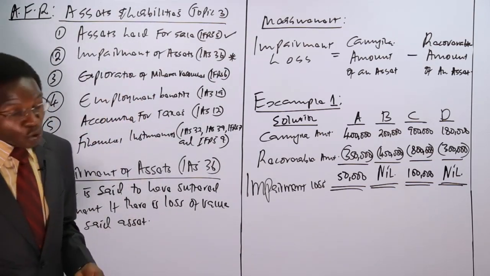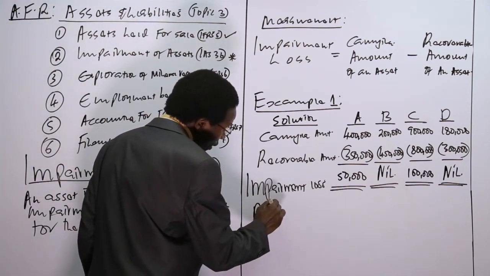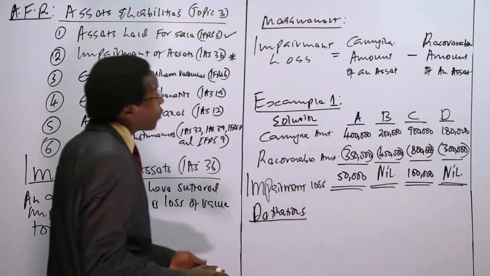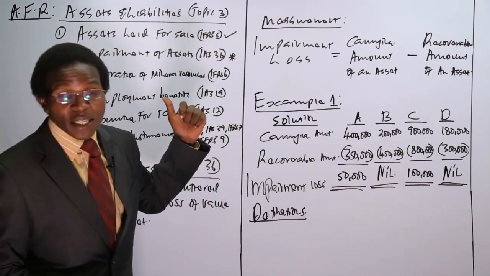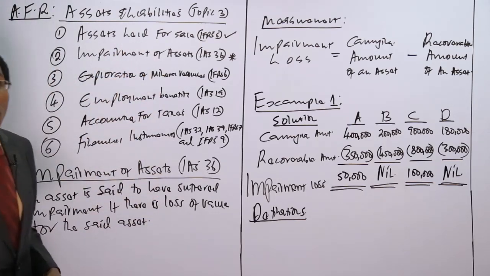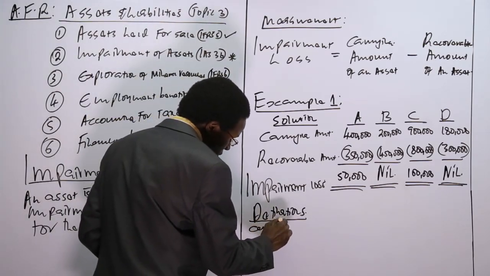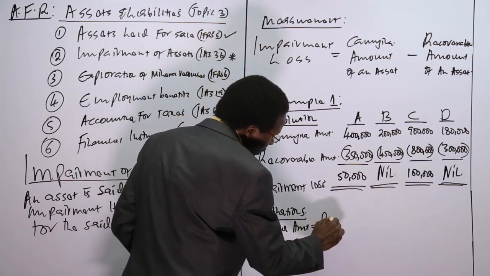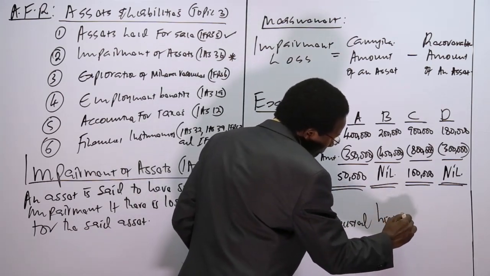Now, we also want to know some of the definitions which we have in our books. Something to do with the carrying amount, just like the previous definition that we did when we were dealing with assets held for sale. The carrying amount is the depreciated historical cost.